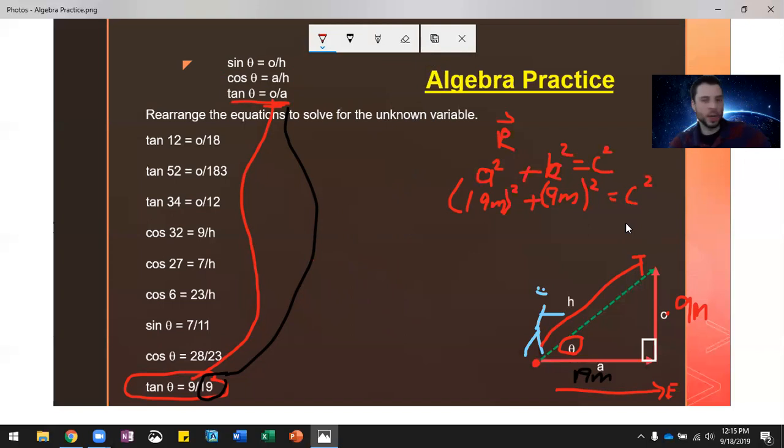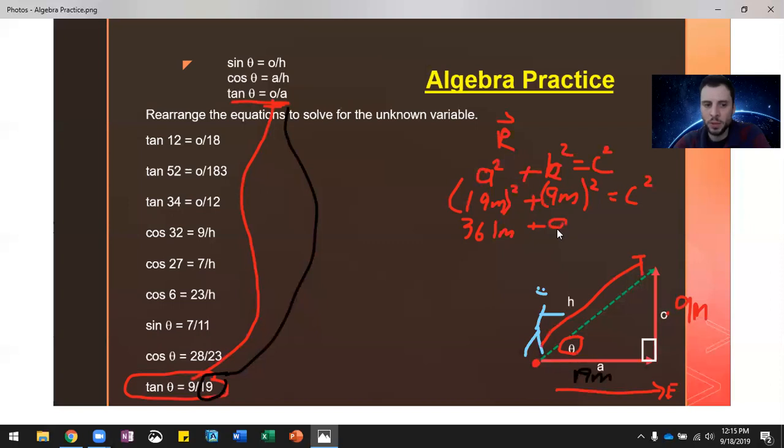So I'm going to go ahead and plug it into my calculator right now, and I get 19 squared is 361 meters. 9 squared is just 81 meters. And that equals our C squared. But we want to go ahead and find what C is by itself.